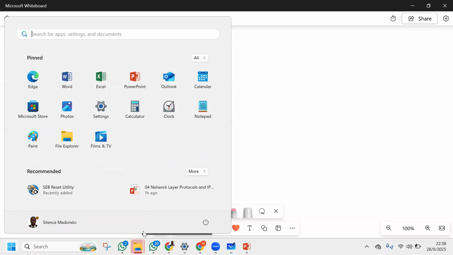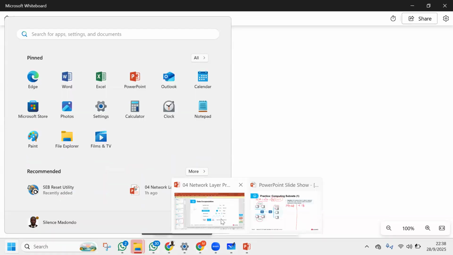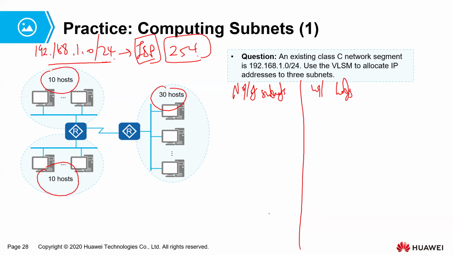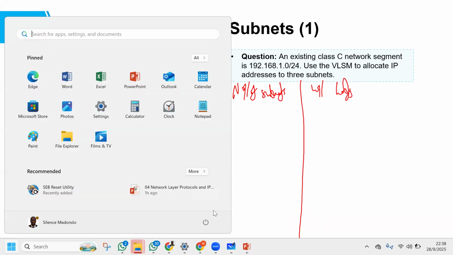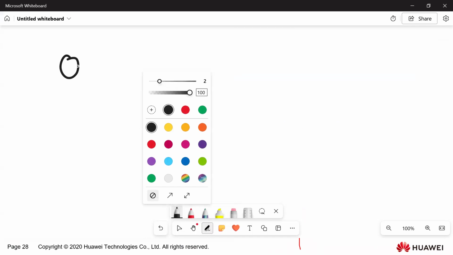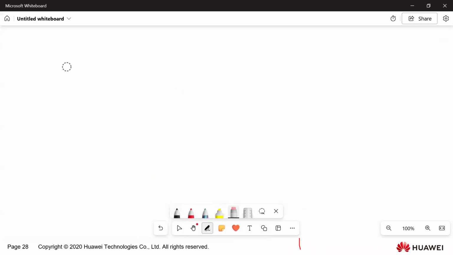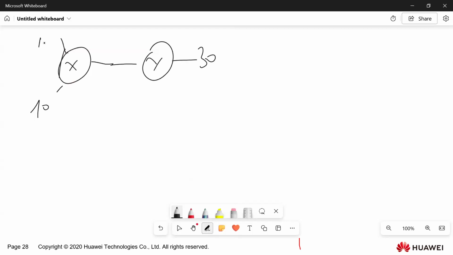So I think my network that I had, let me see. It's 10, two routers, 10, 10, and then 30. Two routers, 10, 10, then 30. So let me do this. Right, router. We have a network with 30 here, a network with 10, a network with 10.